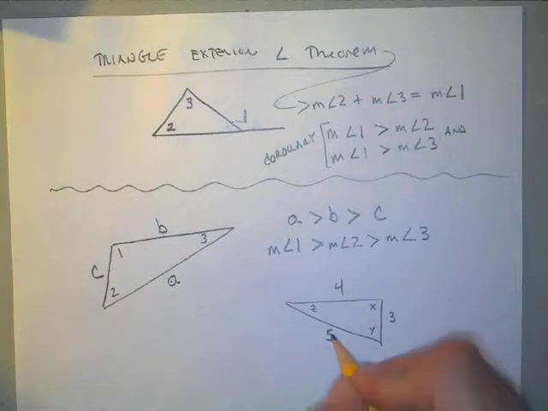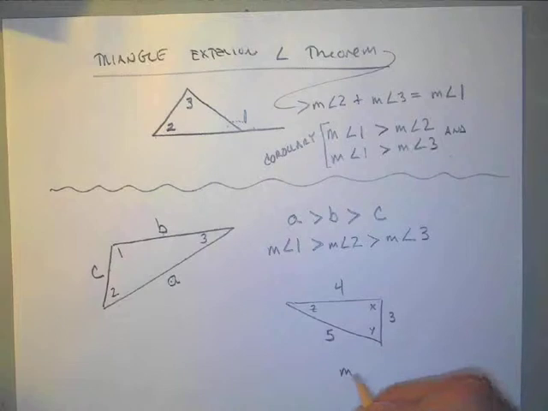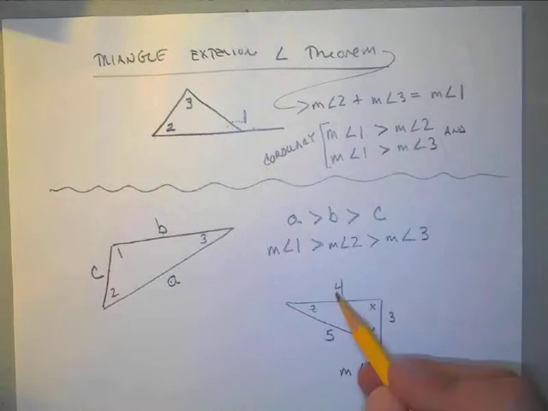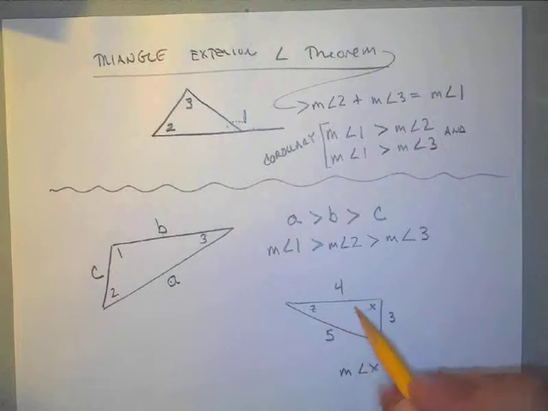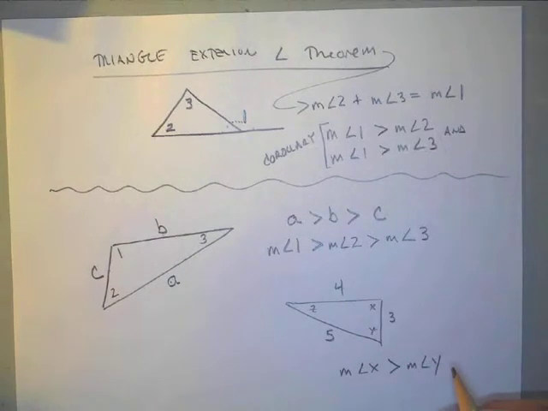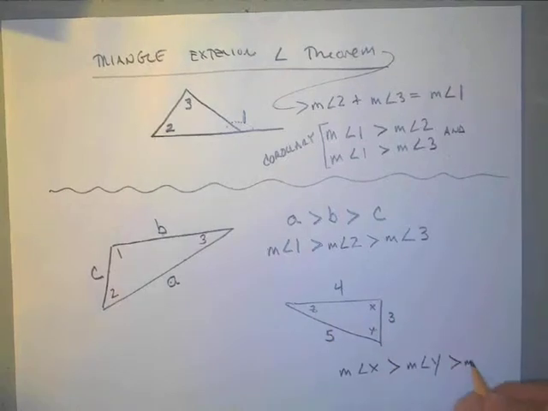Well, let's see, there's the biggest side, so you go to the opposite angle and measure angle X would be the biggest. And then you go to the next side, number 4, and you go opposite. So measure angle Y would be the next biggest. And then 3 is the smallest, so you go opposite, and measure angle Z is the smallest.